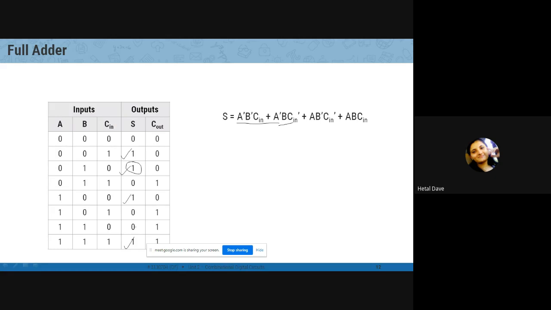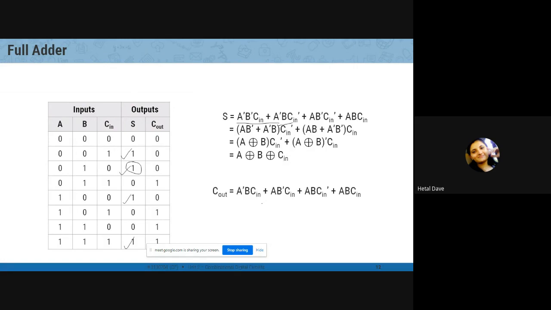Likewise, 4 ones are there in the column, so these 4 equations are written here. Whenever you solve these equations, you will find the final equation: A XOR B XOR C in.